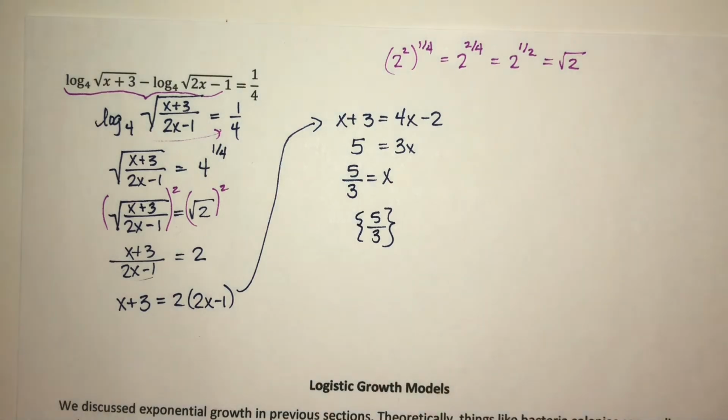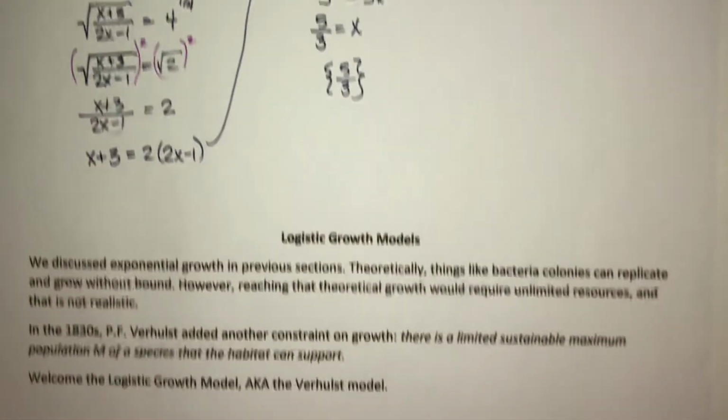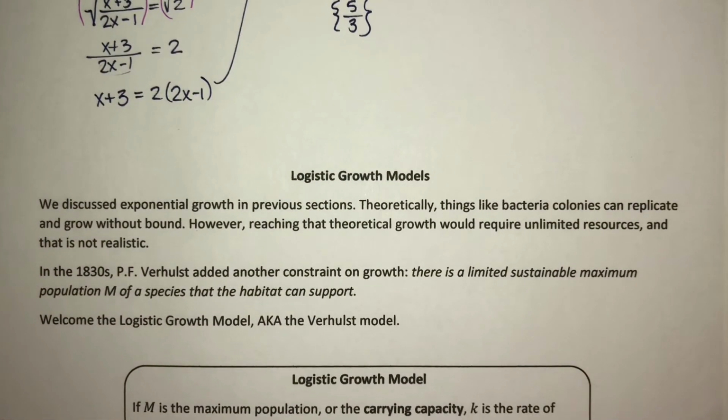Okay, so what we've done already when we've talked about exponential equations, we've talked about exponential growth. And we talked about things like a bacterial colony. And in theory, they can replicate and grow, and they just keep growing without bound. And that's in theory.